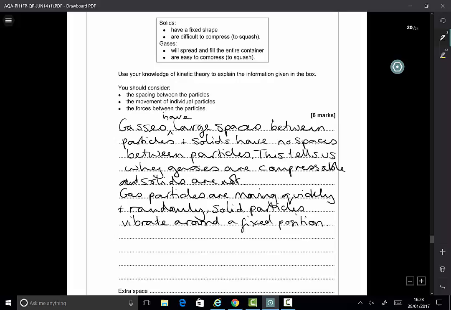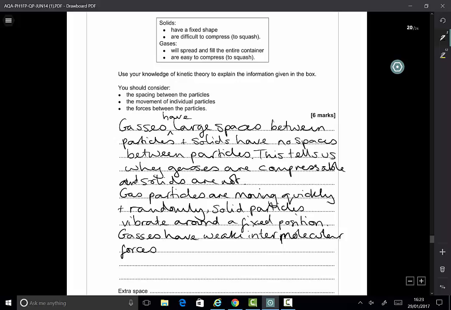Okay, now I'm also going to talk about the next bullet point before I relate it back to the box, because it's these two things together. The forces between the particles. Gases have weak, right, being fancy scientific here, intermolecular forces.